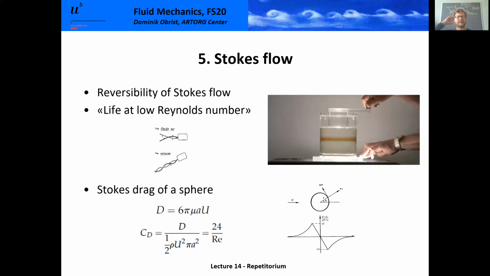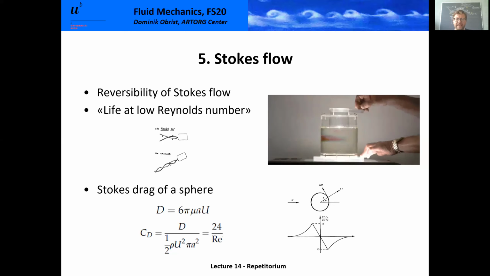I'm also trying to point out what consequences this flow reversibility has for life at low Reynolds number. There was this paper by Purcell, I think it was a talk that he gave some 40 years ago, on life at low Reynolds number.